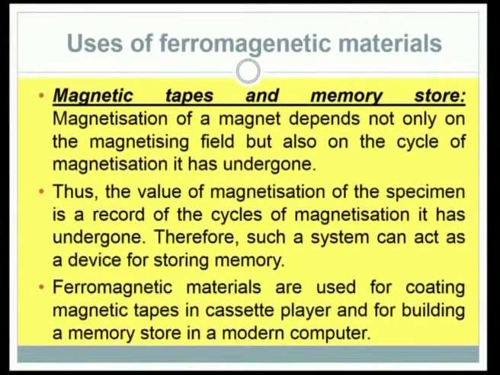Ferromagnetic materials are used for coating magnetic tapes in cassette players and for building a memory store in modern computers. So, these are the applications of ferromagnetic materials, and there are a lot more applications which you could find in reading materials and from the resources available for you.